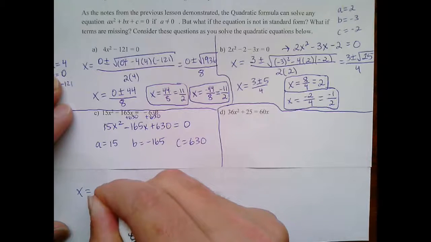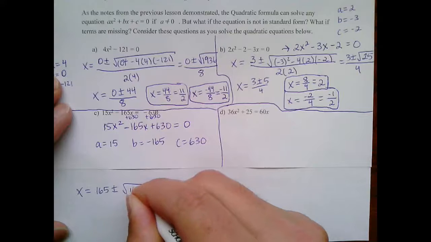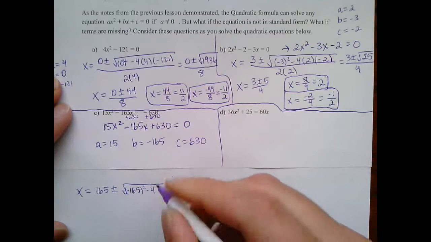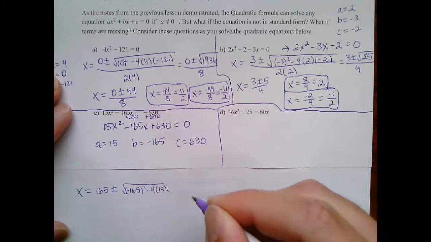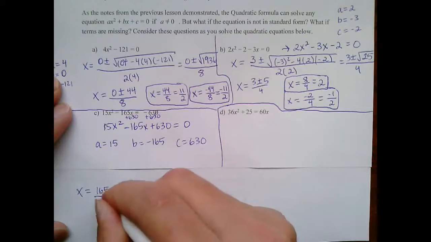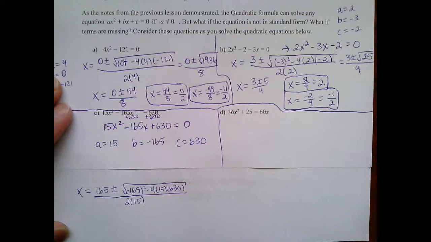Well, it's positive 165 plus or minus the big square root of negative 165 squared, minus 4 times the a value, which is 15, times the c value, which is 630, all over 2 times the a value, which is 2 times 15.